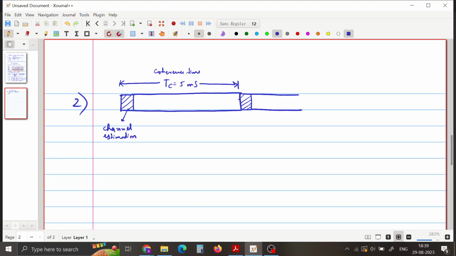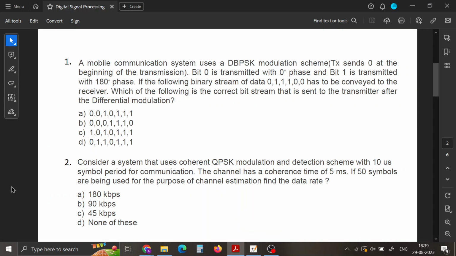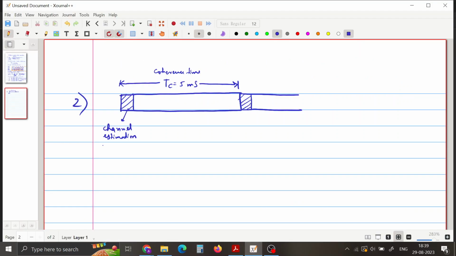And it is mentioned that 50 symbols are being used for the purpose of channel estimation. So 50 symbols. And this is the portion where you actually do the data transmission, and you will have the data rate and the throughput, and these shaded regions are reserved for channel estimation.